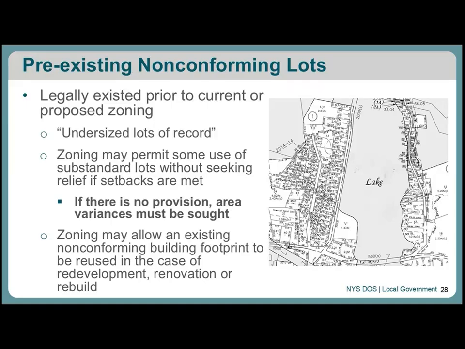You see this a lot around our lakes in New York State, like this example on the screen, where there are a lot of really small lots. Then zoning gets put in place sometime thereafter, and so a lot of the lots around a lake might not be conforming, but they do need to go through the process.